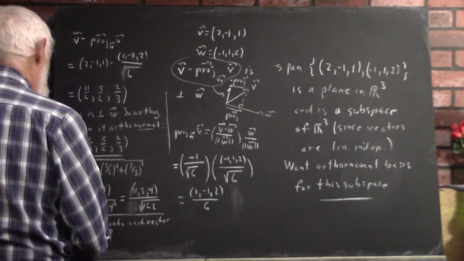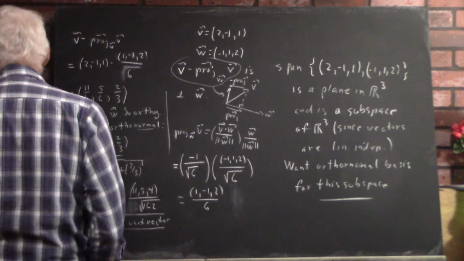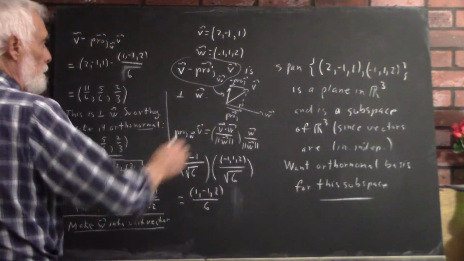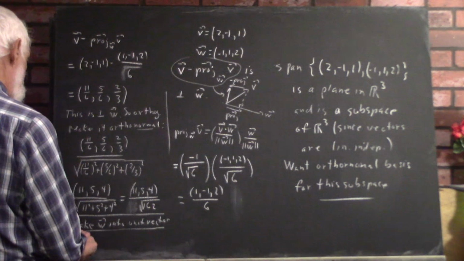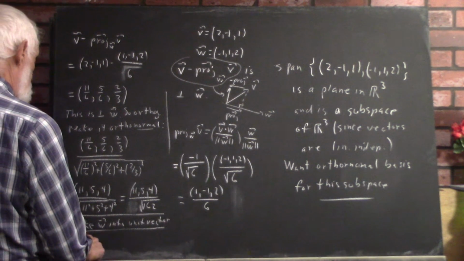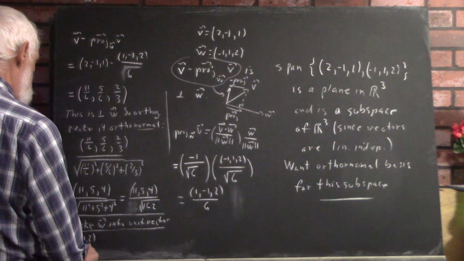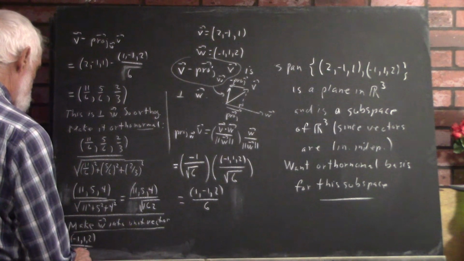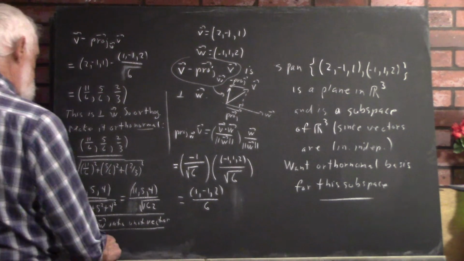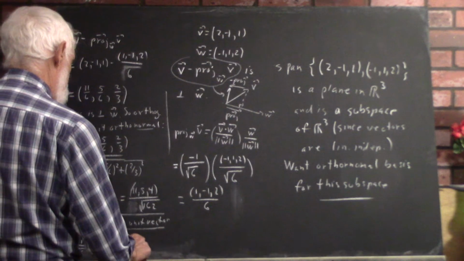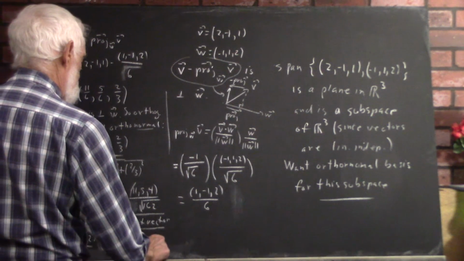Okay, now we want to make W into a unit vector. So we do W, which is -1, 1, 2 over the square root of 6. That is a unit vector.